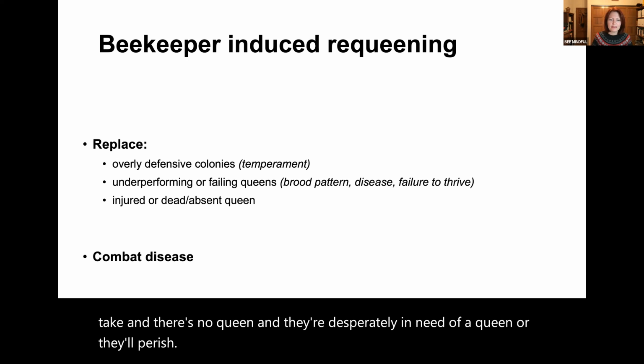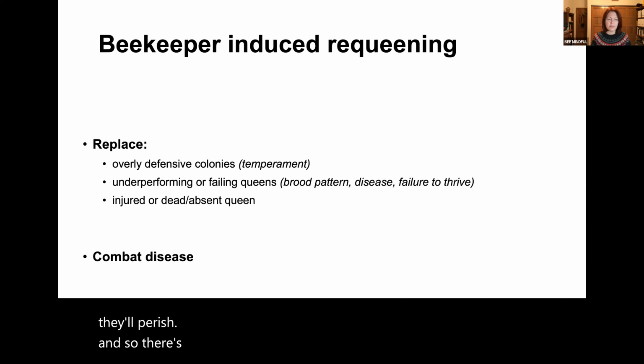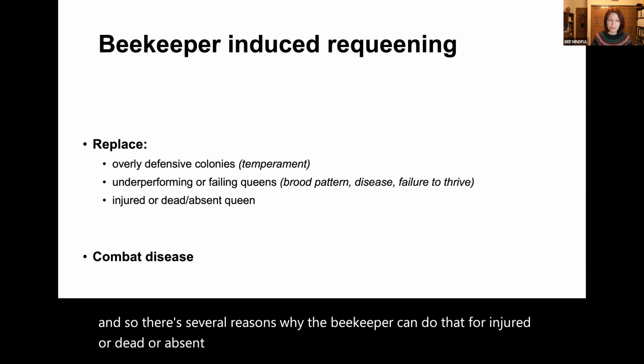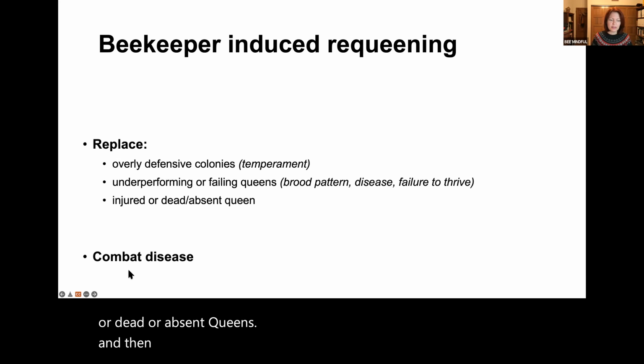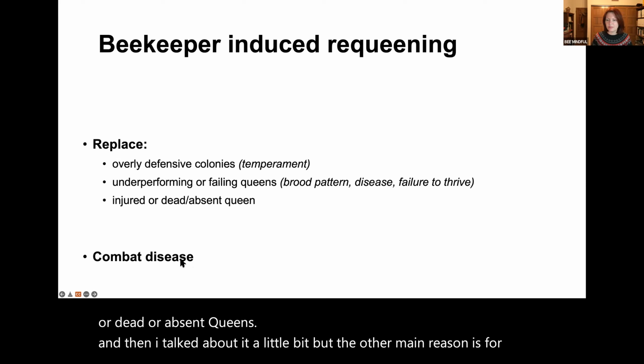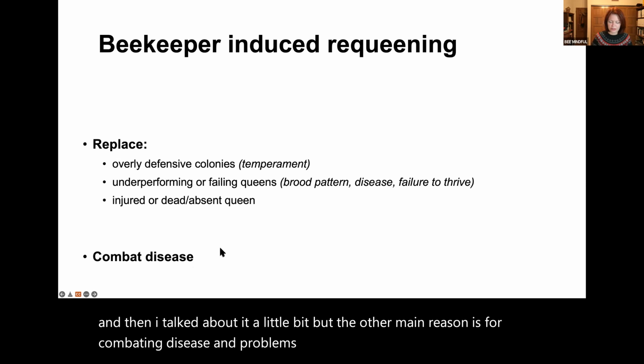So there are several reasons why the beekeeper can do that for injured or dead or absent queens. And then I talked about it a little bit, but the other main reason is for combating disease and problems and failures to thrive.